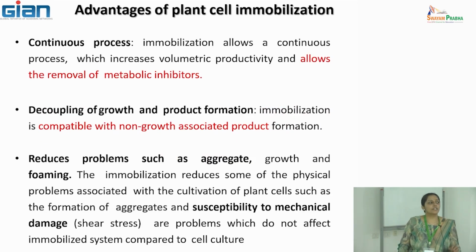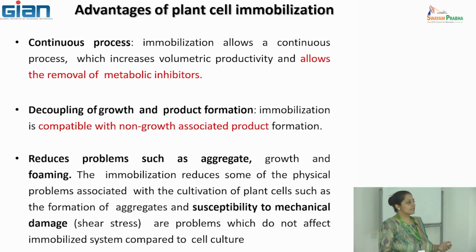And the added advantage is that because of the product leaching out, it acts like a push towards product synthesis because it acts like source and sink. So if the product is coming out, the rate of forward reaction is driven. So that may also lead to improved product synthesis intracellularly.